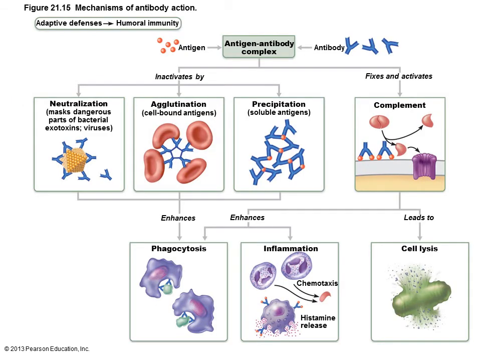An antibody binds to an antigen, forming an antigen-antibody complex, and then inactivates the antigen by agglutination, making little globules, or by neutralizing it, covering the surface of bacteria or viruses, or by forming a lattice structure that becomes heavy and drops out of solution as a precipitate.